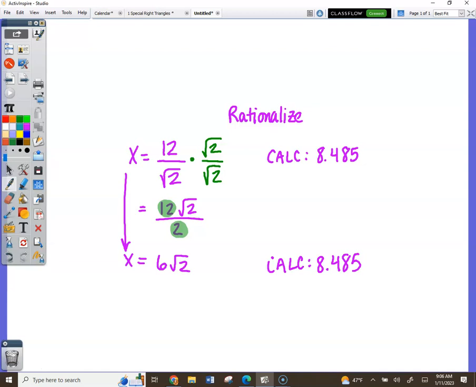The good news is the 30, 60, 90 triangle is the exact same technique, different formulas. But there's nothing new. It's the same approach. You've got short problems, you've got longer problems that involve rationalizing, and they all stem from the formulas.